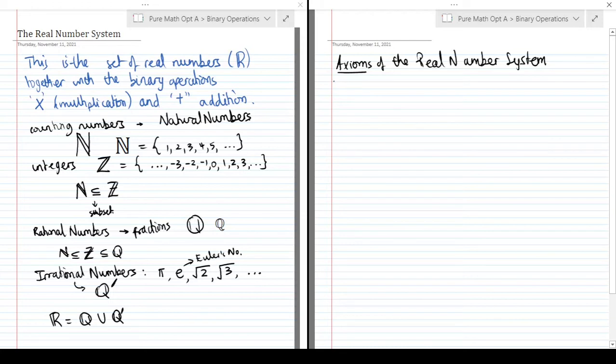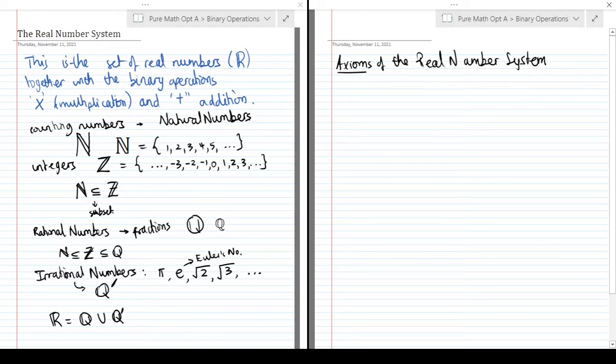An axiom is a statement that is so profoundly obvious and simple that you do not need to prove it true to accept it as being true, right? So an axiom is something that is always true. It is basically like an assumption upon which you would base a theory. That's what you call an axiom, right?